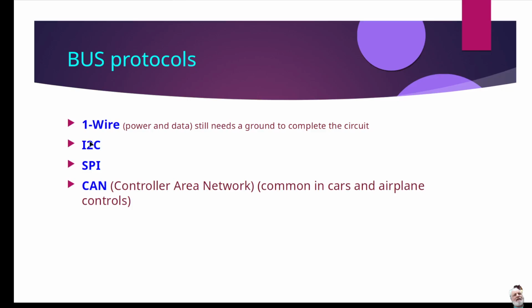There's I2C, and this is integrated circuit to integrated circuit is what this stands for. It's a faster protocol, fairly fast. I mean, it's not like Ethernet speed or anything like that, but it's fairly simple to use, and yet allows you to send quite a bit of data.